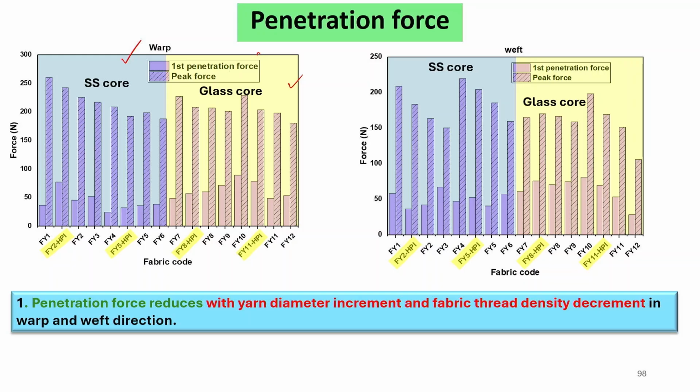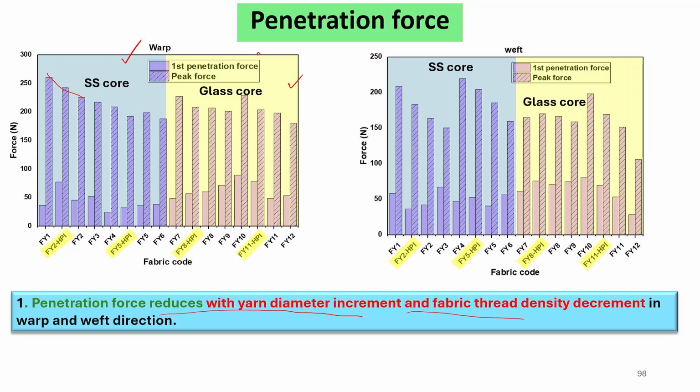So, penetration force reduces as yarn diameter increases and the fabric thread density decreases. So, penetration force is higher when the fabric becomes compact in both warp and weft direction.